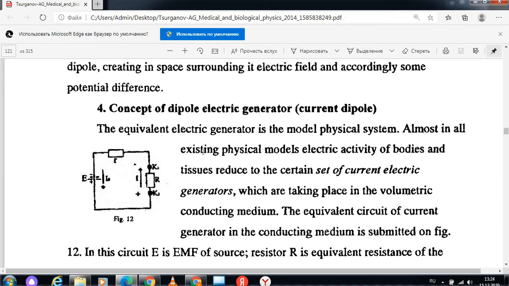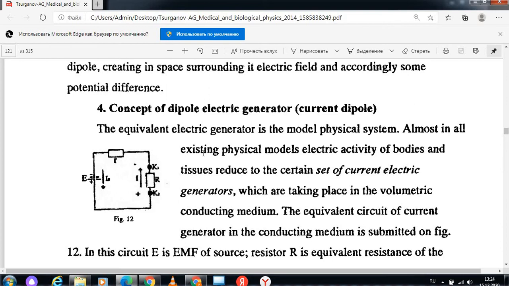The equivalent electric generator is a model physical system, or some model. Almost in all existing physical models, the electrical activity of bodies and tissues is reduced to a certain set of current electric generators, which are taking place in the volumetric conducting medium.